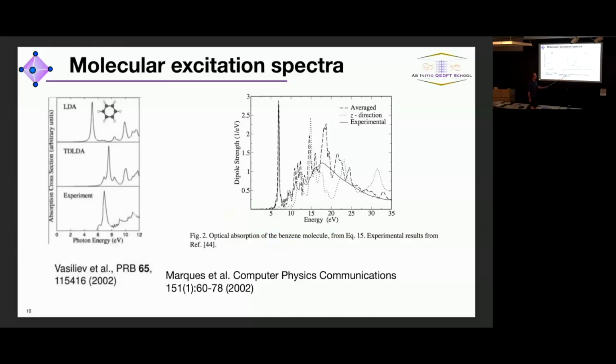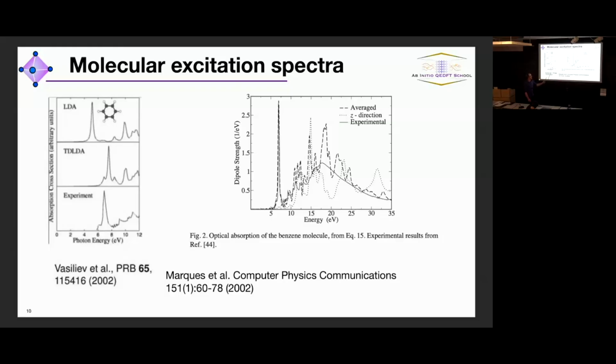And then there's one of the first Octopus papers, where I think it's the same system, also a benzene molecule, and they also use TDDFT. The experimental data is here in the solid line, and they have here just the C direction and the average, and they get very close with TDDFT on the LDA level to the experimental result.